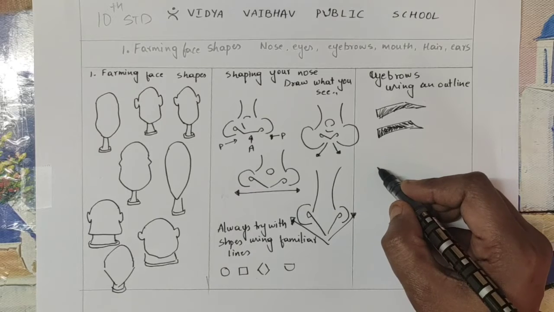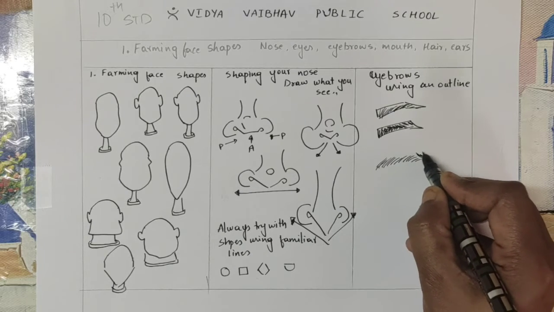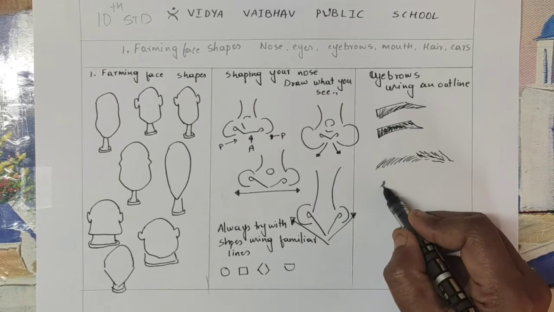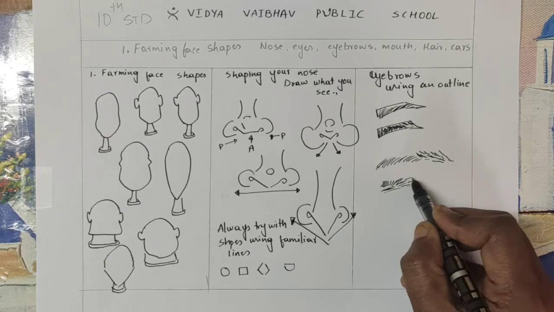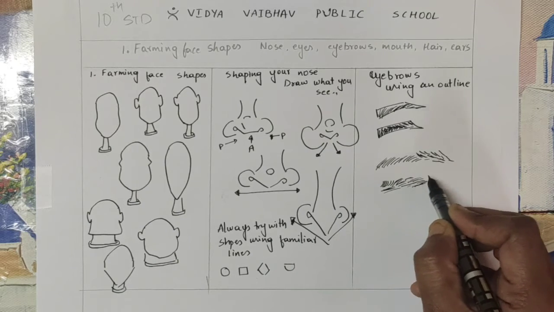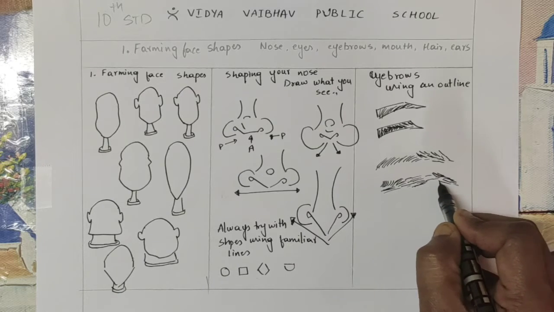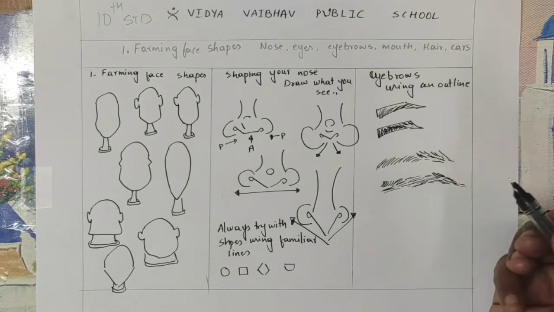The one more way is, we'll not draw the outline, directly we'll draw the eyebrows. These are the only two ways we were using. Before we were using a very cartoonish method, so from now onwards you should use this way, because we learned what is anchor and what is pivot.